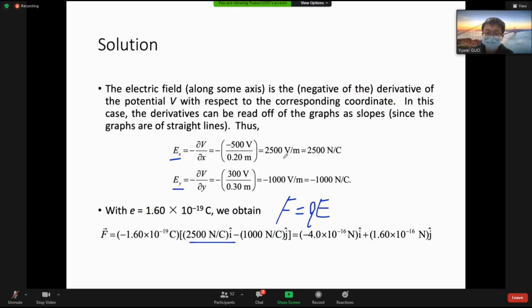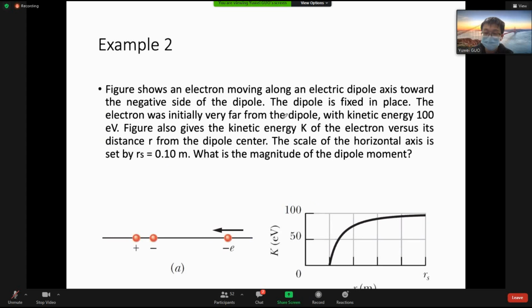Okay. For the next one, this problem is related with the electrical dipole. In this question, we need to calculate the magnitude of the dipole moment.